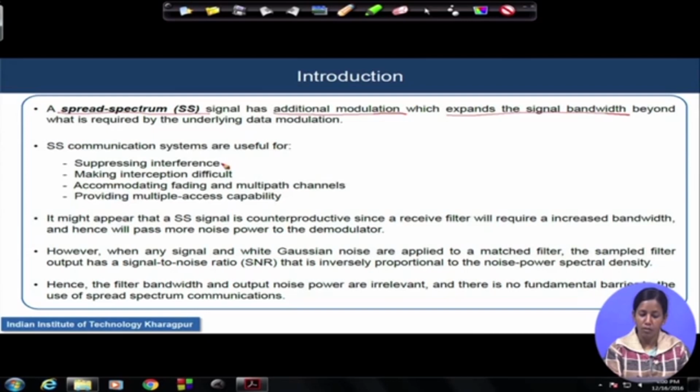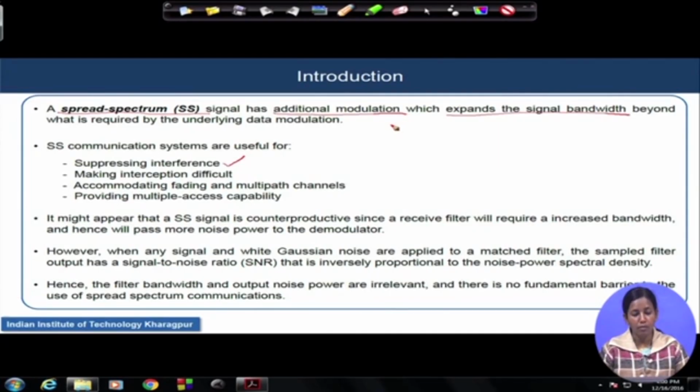Number one, by spreading the signal, we can actually suppress the interference. Remember, whenever we are talking about the interference, we are talking about a narrowband interference.